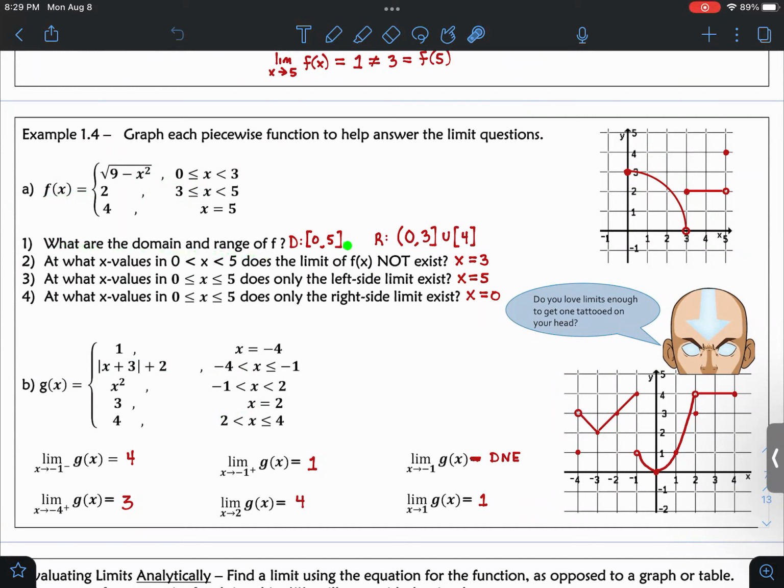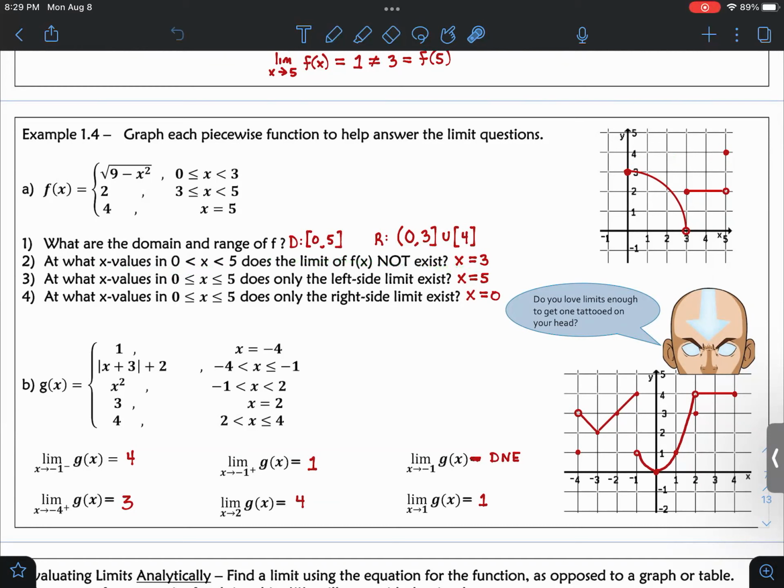Domain and range: what x values are we using, what y values do we get back? Notice here that there are no y values between 3 and 4 that actually exist, so I've got interval notation there. At what x values in between 0 and 5 does the limit not exist?